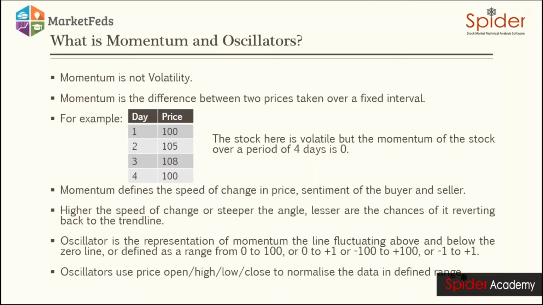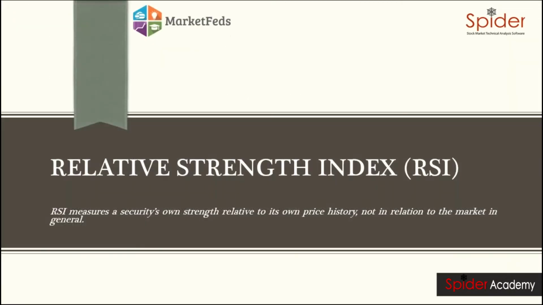of the same. Now today we are going to concentrate and learn about a very prominently used oscillator, which is the RSI, that is the relative strength index. By relative strength, the perception of people is that it defines the relative strength in comparison to the market or a stock, which is wrong, which is not the case.